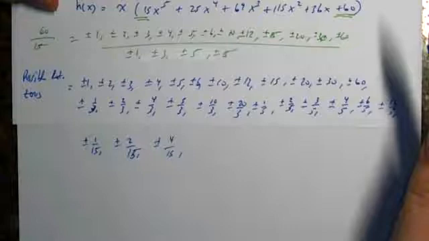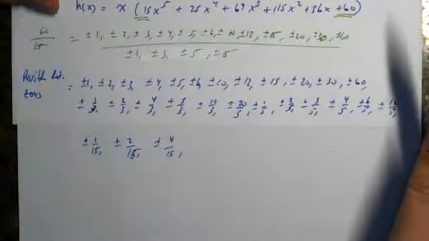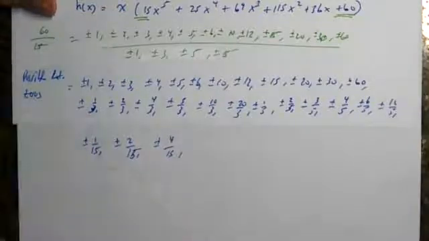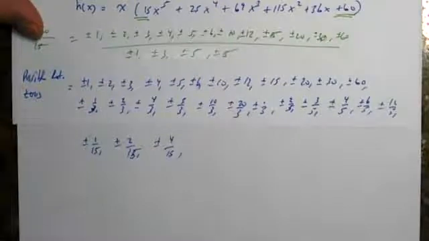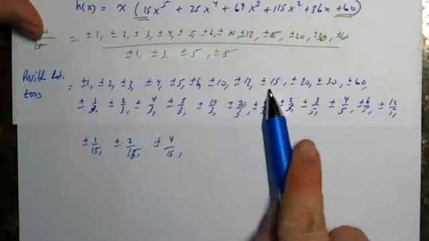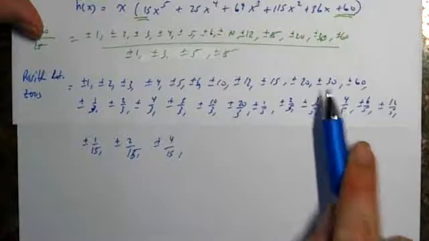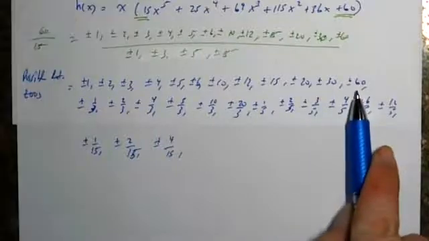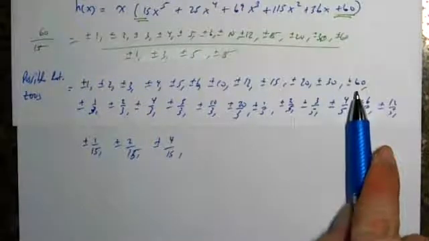All right, so you should have plus or minus 1, plus or minus 2, plus or minus 3, plus or minus 4, plus or minus 5, plus or minus 6, plus or minus 10, plus or minus 12, plus or minus 15, plus or minus 20, plus or minus 30, plus or minus 60. So those are all the factors of 60 over 1.